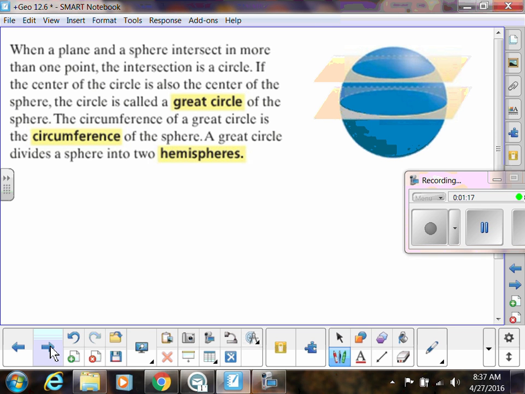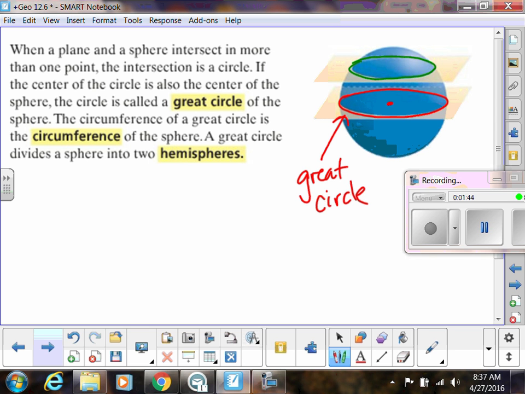When we have planes cutting into a sphere, whenever we have that plane, that cross section is going to be a circle. And then if the center of that circle is also the center of the sphere, we call that the great circle. There are other circles that we could have as intersections. So for example, this one is also a circle, but this plane is up here.